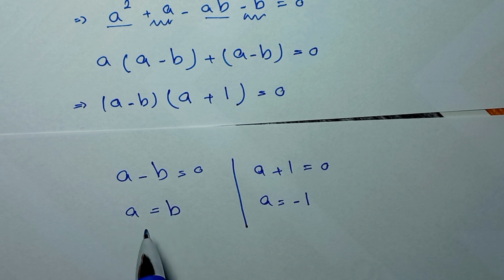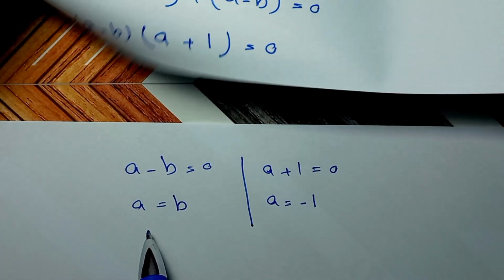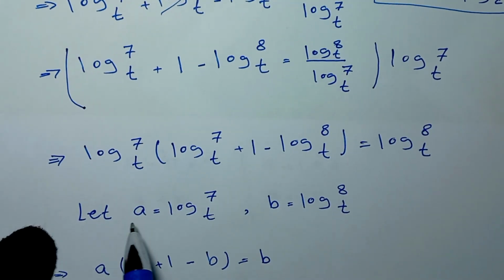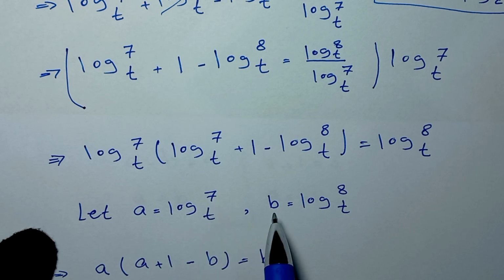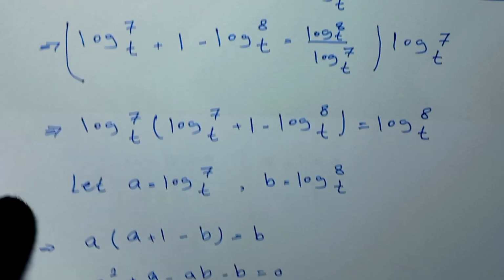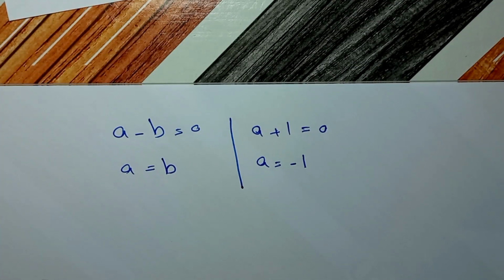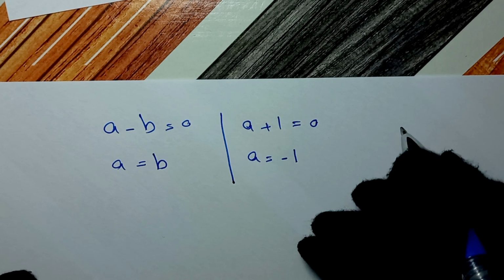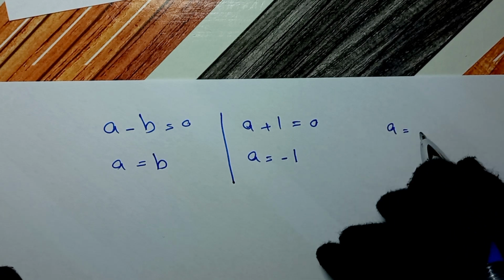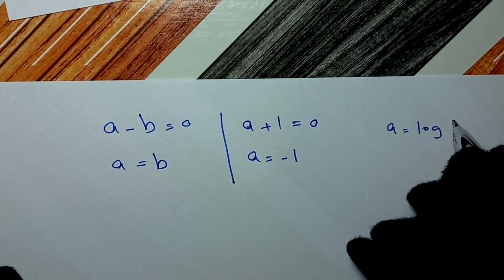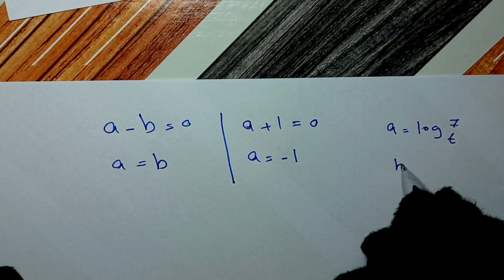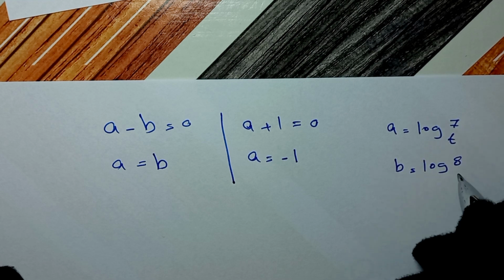For this part, we recall this. A is equal to log of 7 to base t, and b is equal to log of 8 to base t.